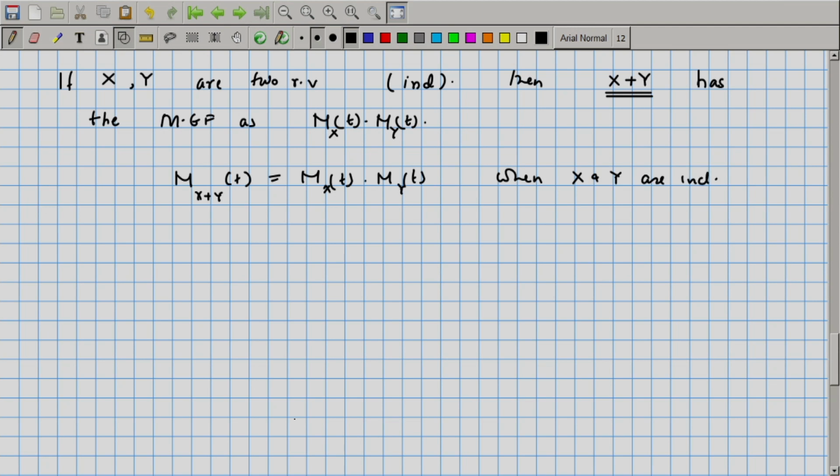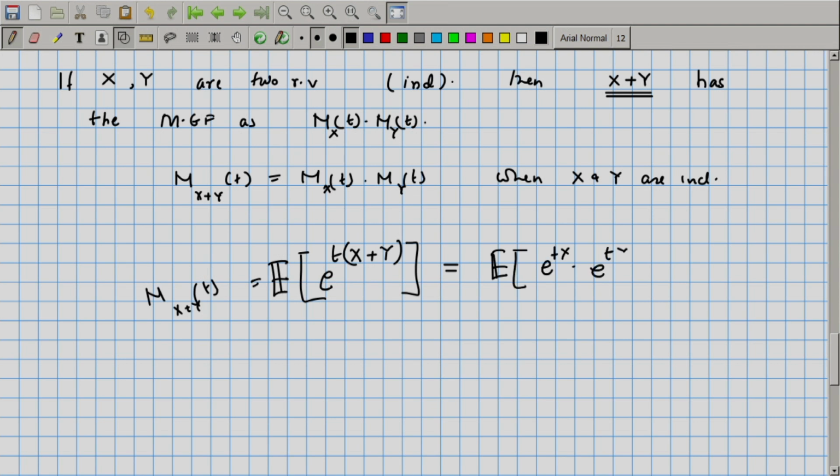Not too difficult to see. So, if you look at the random variable X plus Y, its moment generating function is nothing but the expectation of e raised to t times (X plus Y). This is going to be equal to the expectation of e raised to tX times e raised to tY.